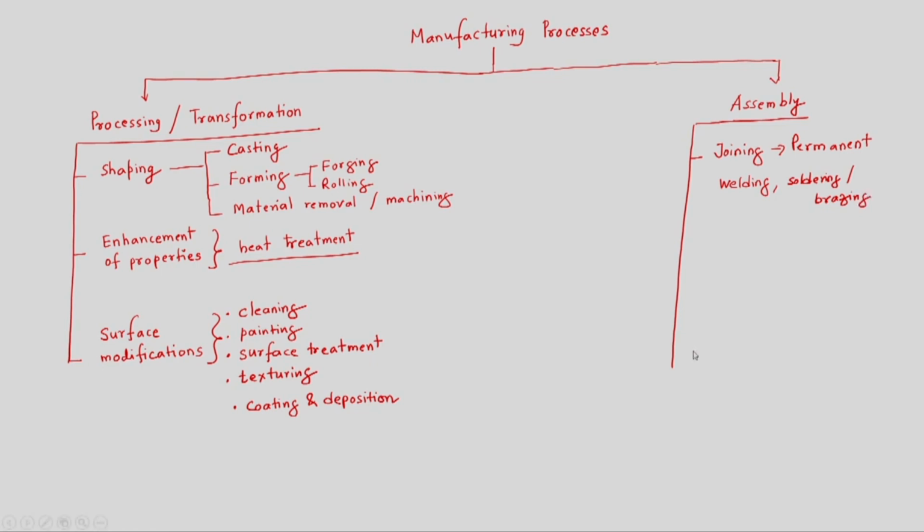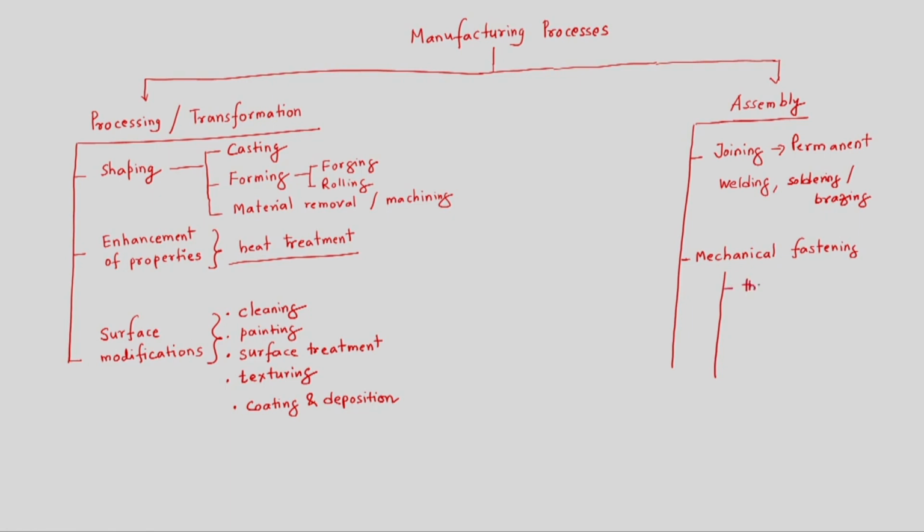The next group of operation is the mechanical fastening. So mechanical fastening will be carried out by using threaded fasteners or by using the permanent fastening, that is the riveting operation.